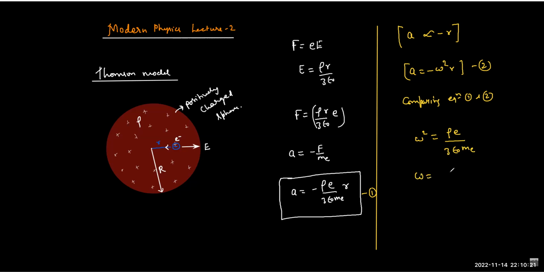So omega equals how much? So the frequency of the wave will be frequency equals omega by 2 pi. So you can write it as 1 by 2 pi.